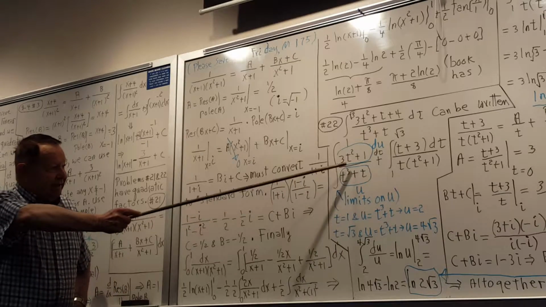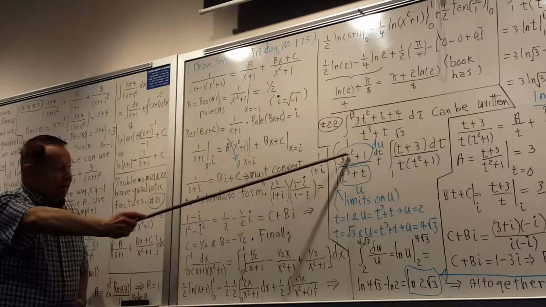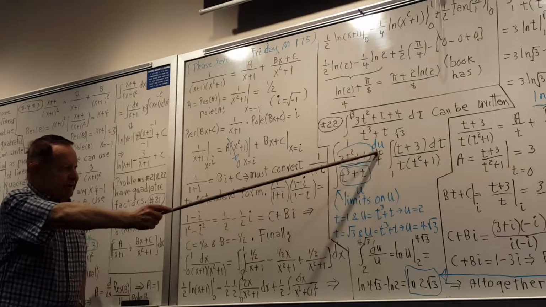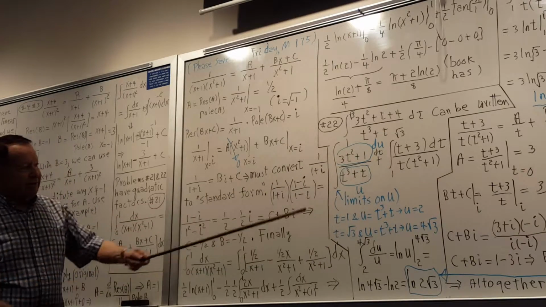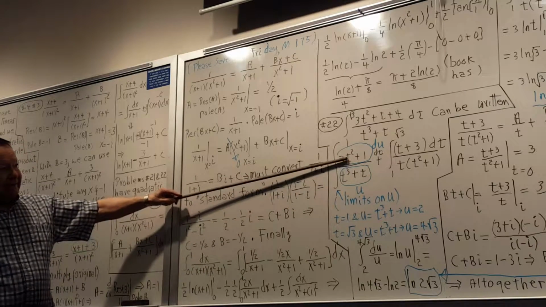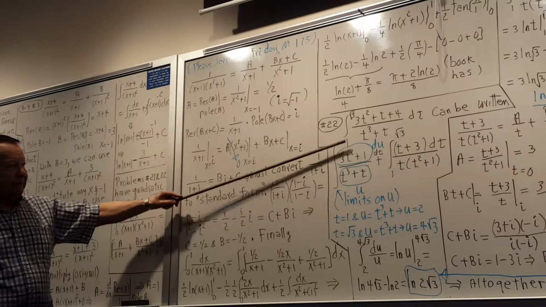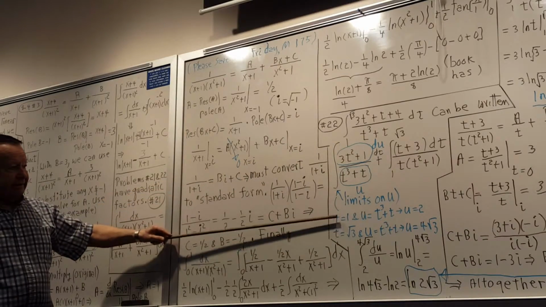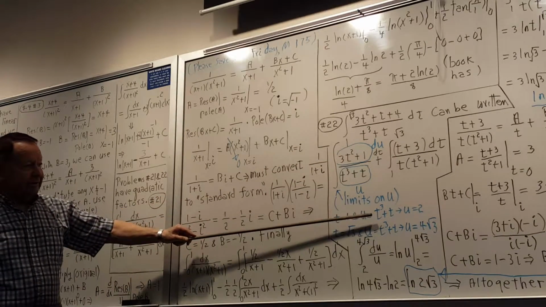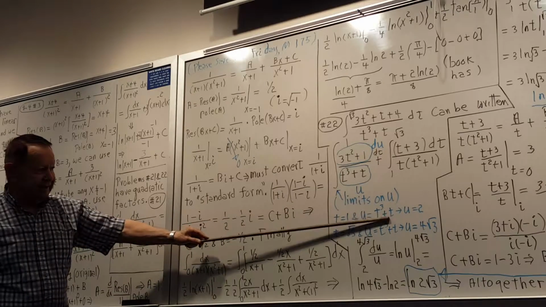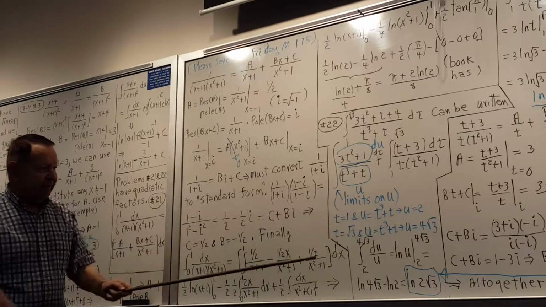So what I've done then is to split the problem, and this first part, 3t squared plus 1 dt over t cubed plus t, is du over u. So I've gone ahead and done my du over u part. See, I get limits on u because it's a definite integral. So when t is 1 and u is t cubed plus t, u would be 2, 1 cubed plus 1.